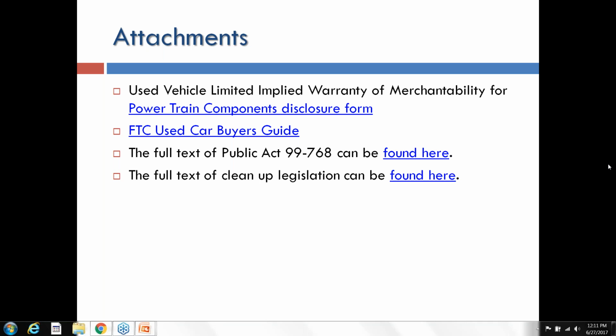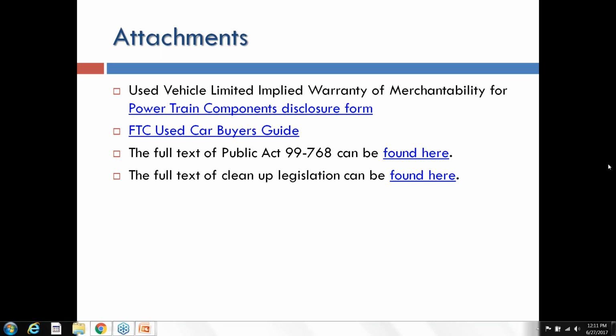However, it's capped, so the customer's only out $100. If it's a $500 repair, the customer pays $100 and the dealership's on the hook for the other $400. So it's not a true 50-50 warranty because the customer's out-of-pocket is capped at $100.